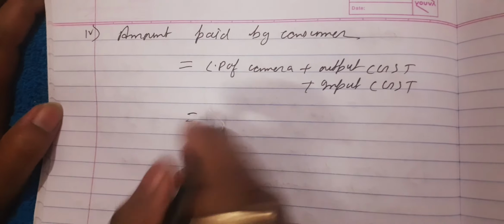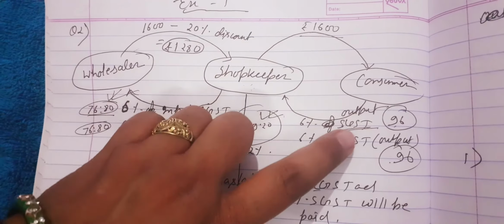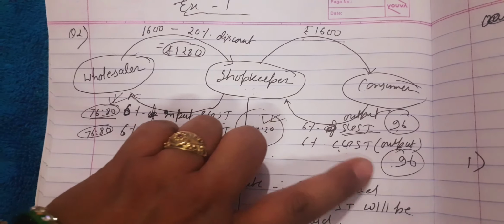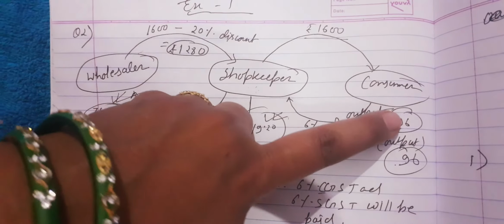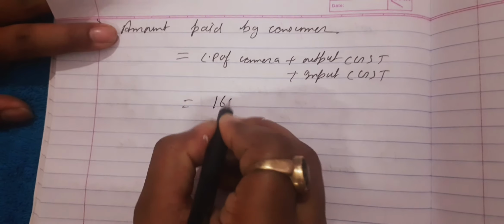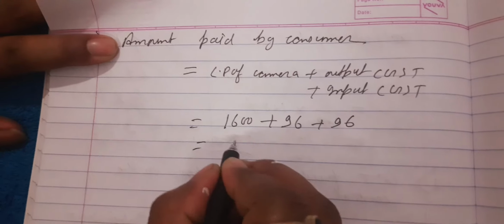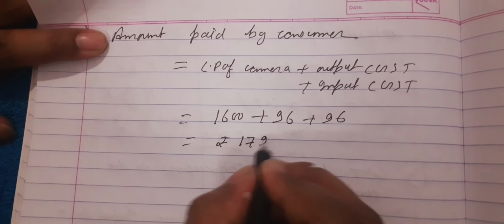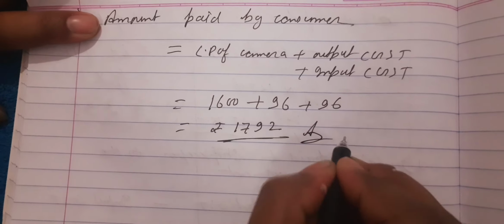Before putting the value, again I am showing you, CP of camera for consumer was 1600, output CGST is 96 rupees, and SGST 96. So this plus this plus this will be answer. That is 1600 plus 96 plus 96, that is equal to 1792 rupees. This is the last answer.